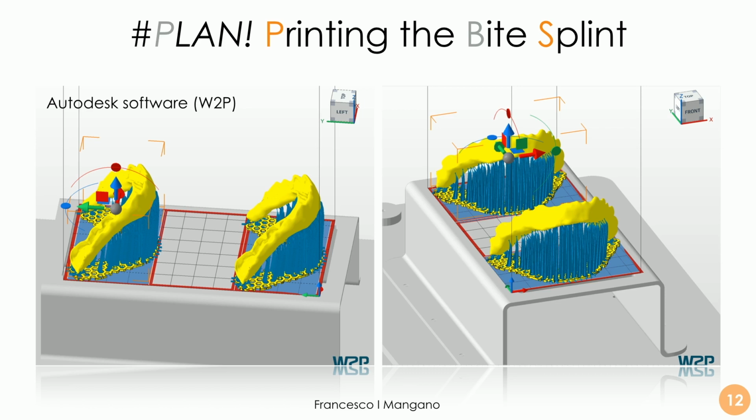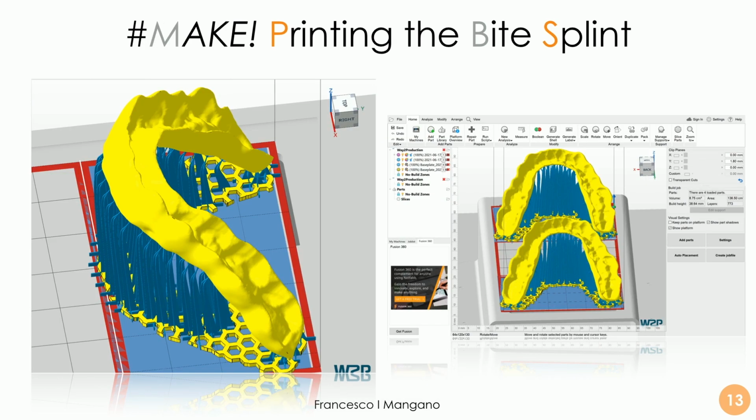In this case, I'm using a software by Autodesk, developed particularly by W2P for Voco, because I'm using this printer, exactly the Solflex 350 by Voco, in order to print all my bite splints, because it's very easy to print these bite splints using this machine, and the materials that they have are fantastic because they are reliable, mechanically resistant, and they are also very comfortable, and they change in phase after they have been printed and after the post-curing process.